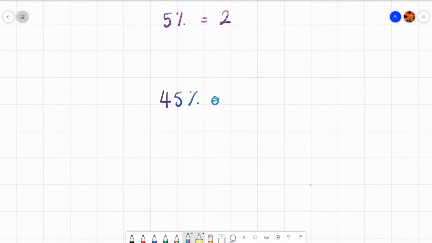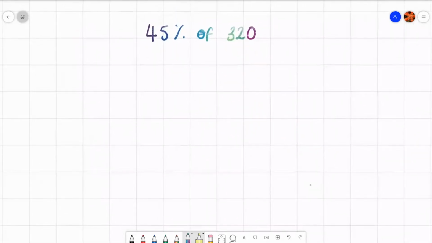45% of 320, keeping the numbers quite simple and straightforward. Okay, so let's work out 10% first. 10% is 32. Okay. Now I've got to work out, we can do it in two different ways.